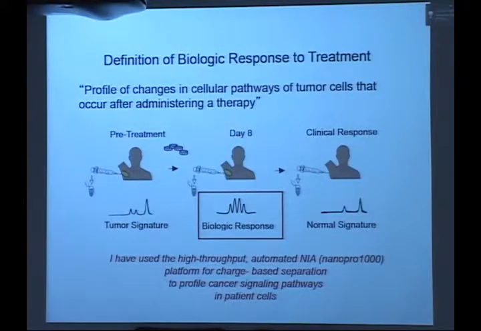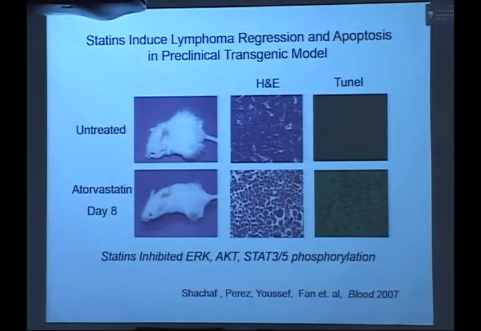And so I've used the high-throughput automated NIA for charge-based separation to profile cancer signaling pathways in patient cells before and early during treatment. So this is some preclinical data that leads to the clinical study, the first one I'm going to talk about. And that is that we found that statins induce lymphoma regression and apoptosis in a preclinical transgenic model of lymphoma.